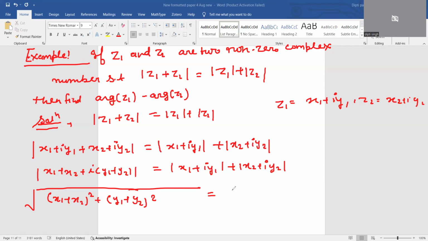And this will be equal to square root of x1 square plus y1 square, and likewise square root of x2 square plus y2 square.